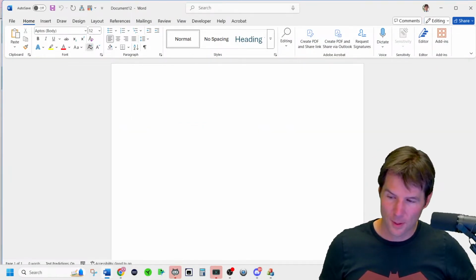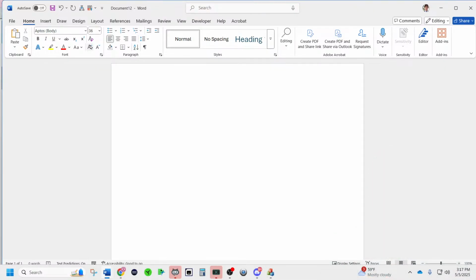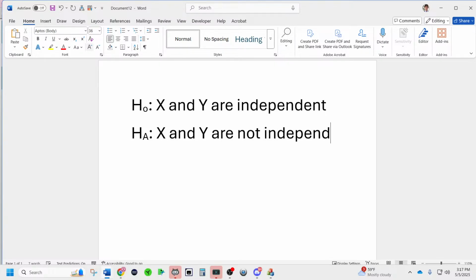So the null hypothesis is, H sub O, X and Y are independent. The alternative is H sub A, X and Y are not independent.